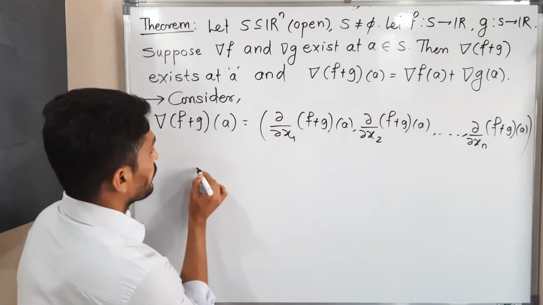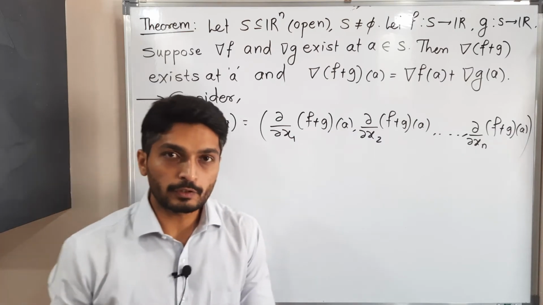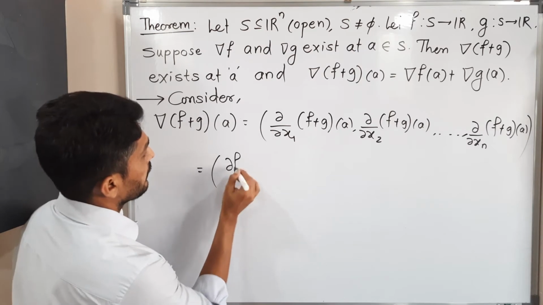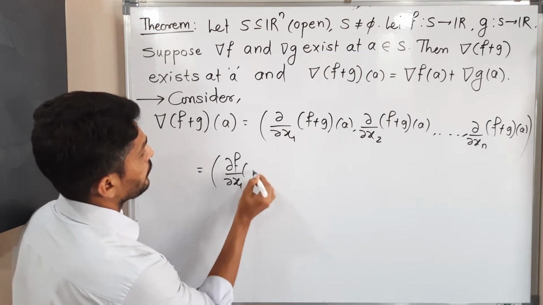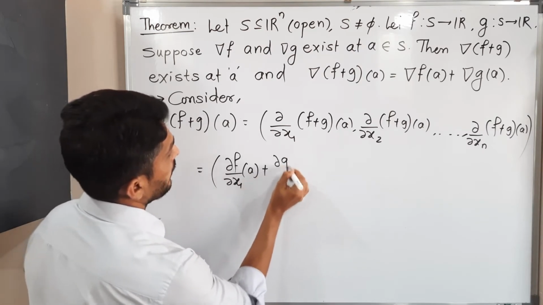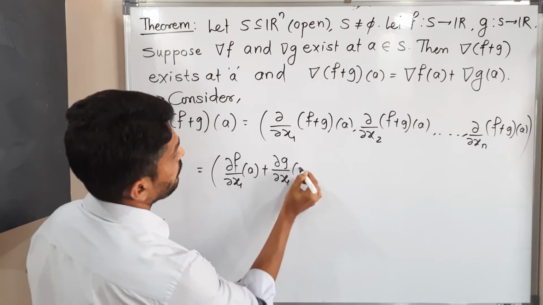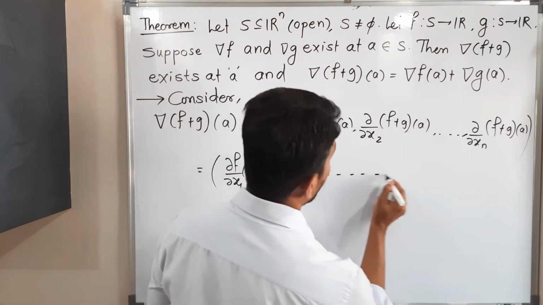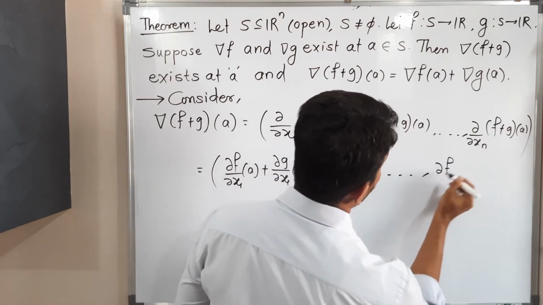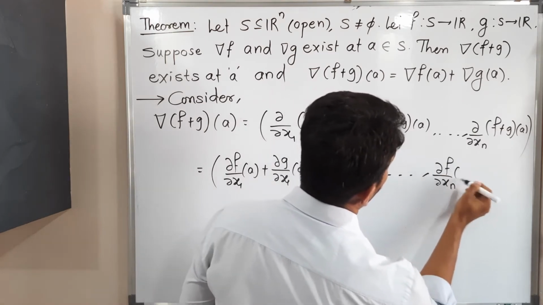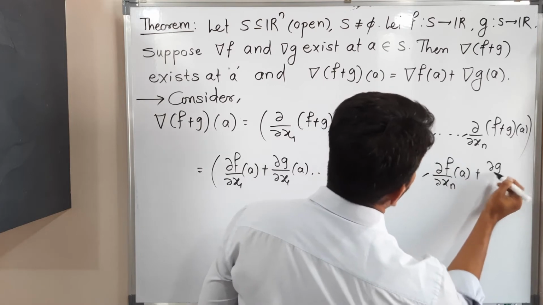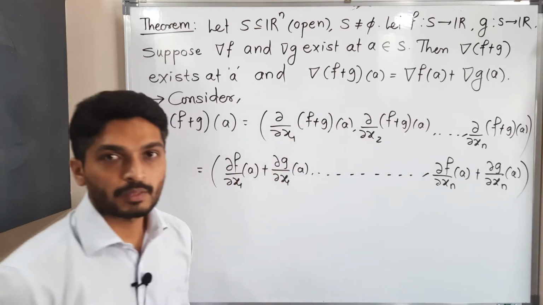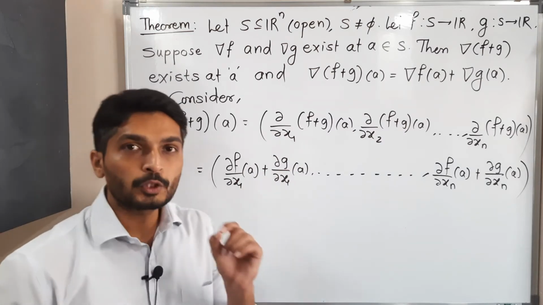So this is equal to, you know that in case of partial derivative we can take separate derivatives. Therefore this is nothing but ∂f/∂x1 of A plus ∂g/∂x1 of A. The same thing we can do for the second component also. So I will write the last one, ∂f/∂xn of A plus ∂g/∂xn of A. Okay, so in each component you can see addition.